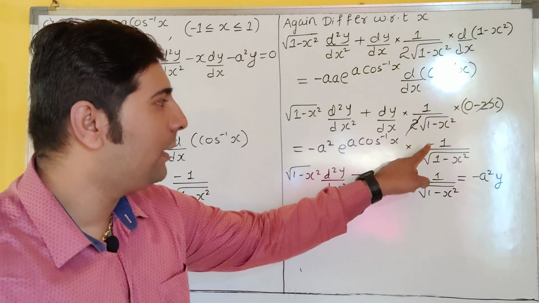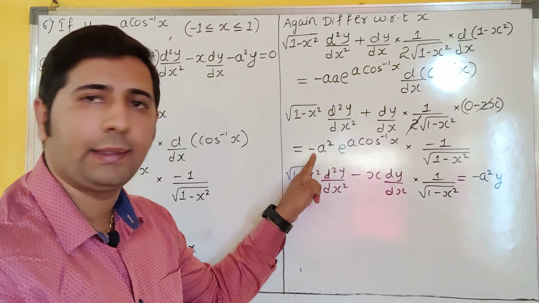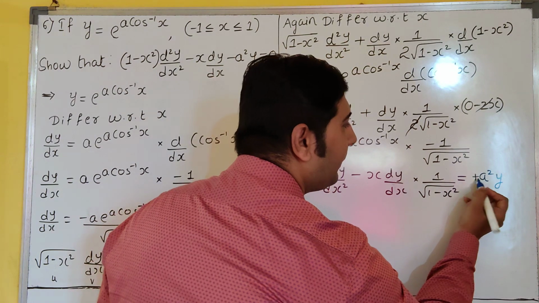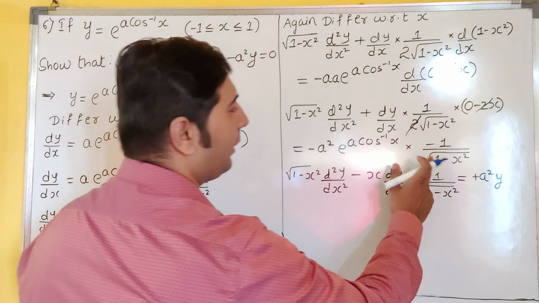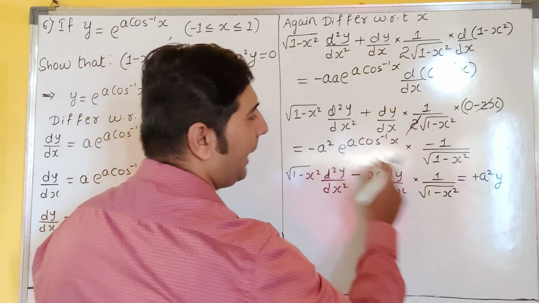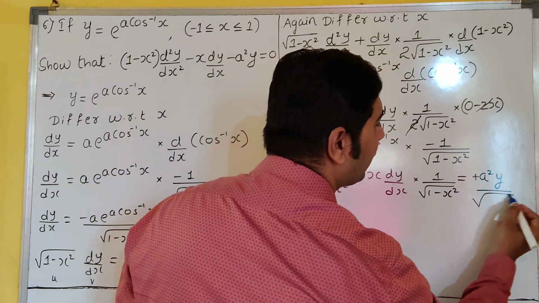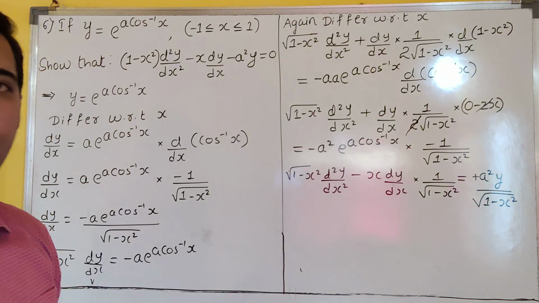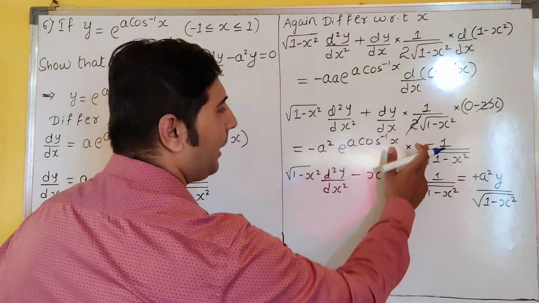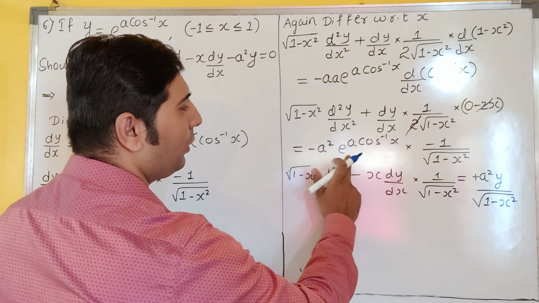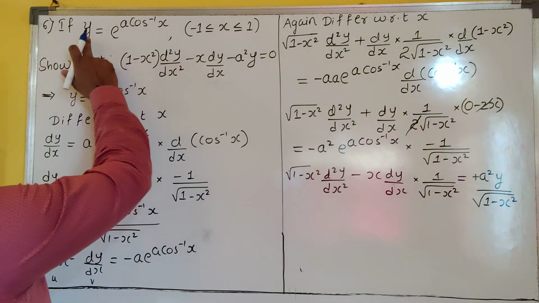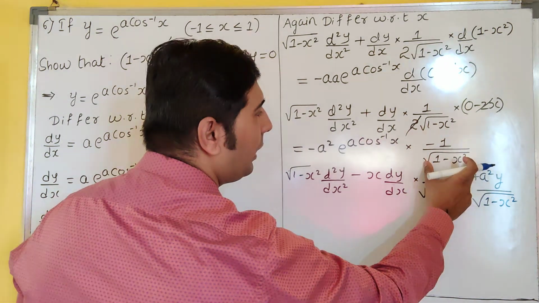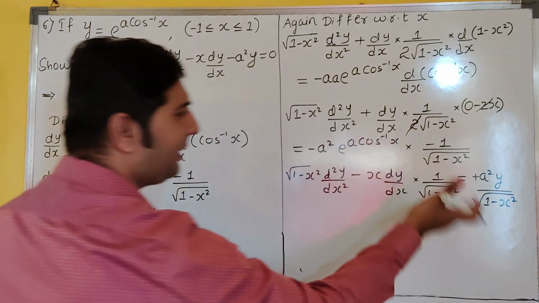Minus into minus, it will become plus here. Clear? So now see, 1 into anything is same, whole divided by how much? Square root 1 minus x square, dear students. I hope everyone it is clear. Minus into minus has become plus. A square into e raised to a cos inverse x is y. Y is written whole divided by this. 1 into anything is same.